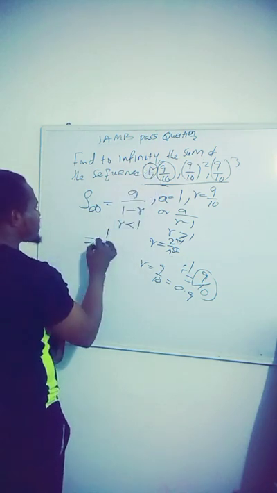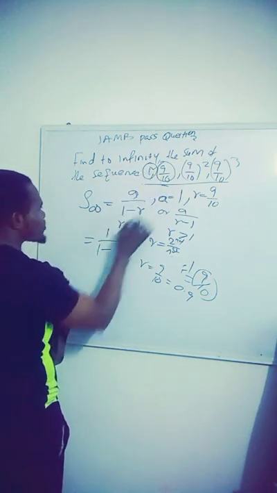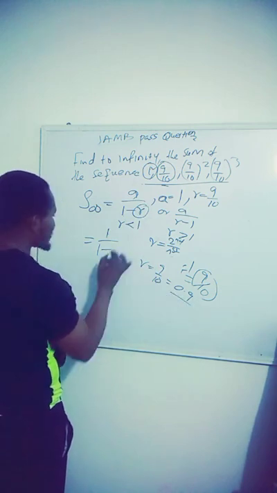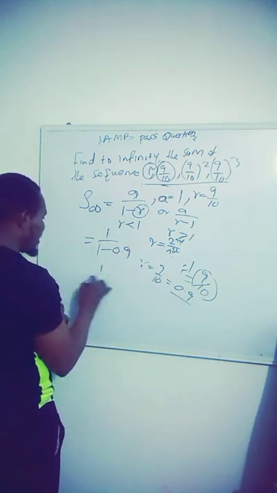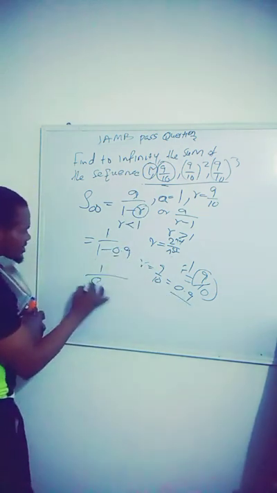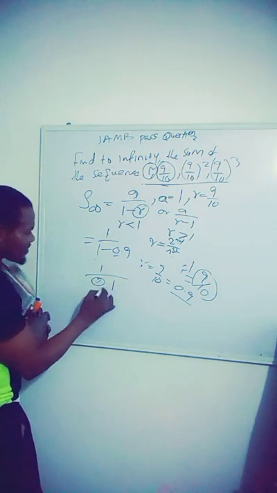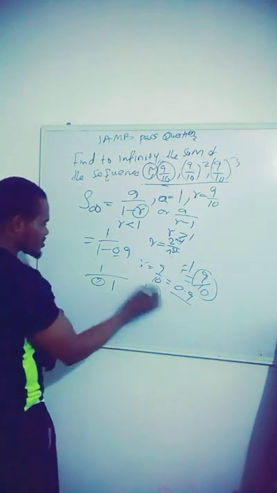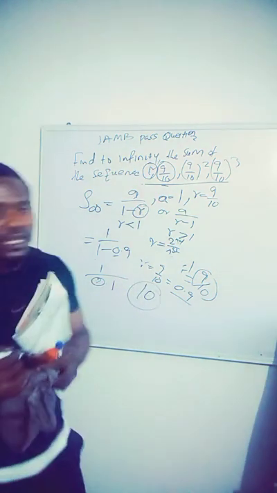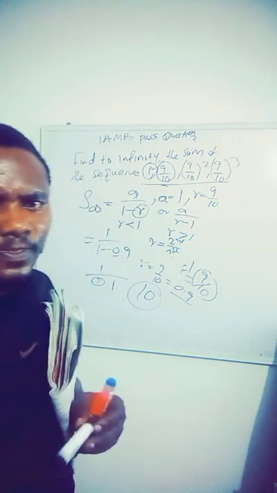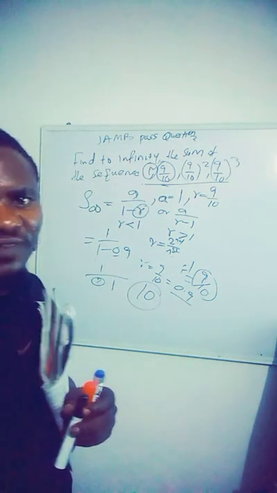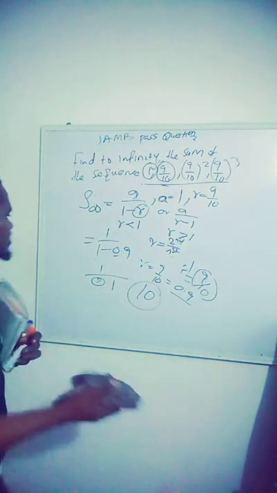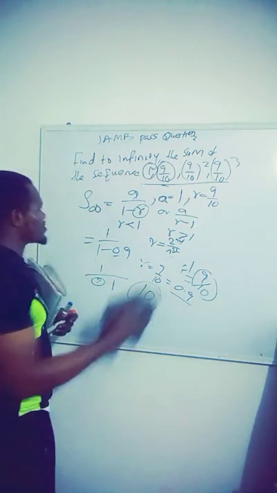First term 1 over 1 minus common ratio 0.9. So 1 minus 0.9 is 0.1. 1 divided by 0.1 is 10. You are going to be given a calculator for the exam. You can use a calculator. So that is how.